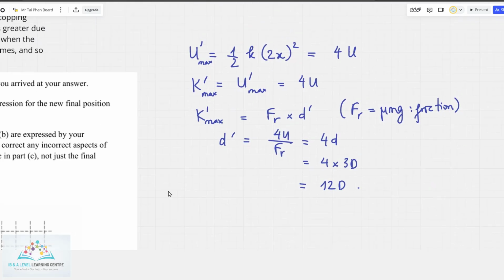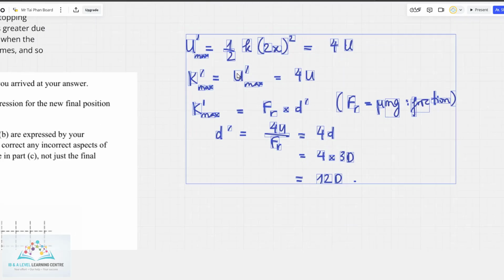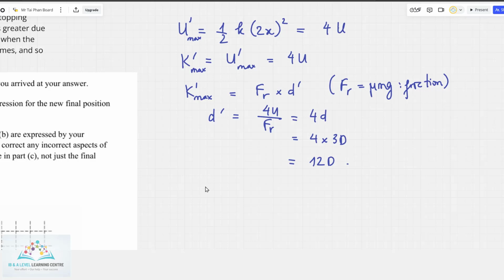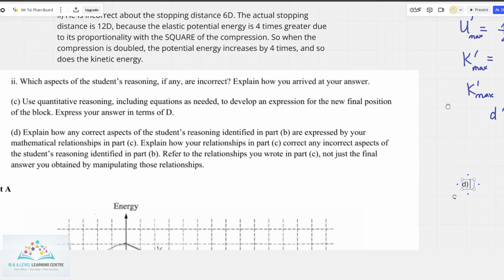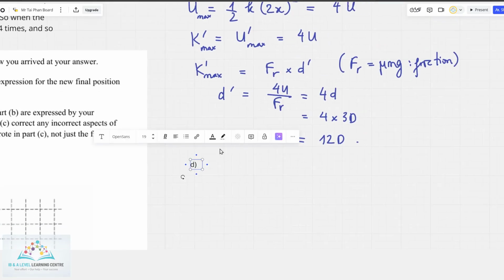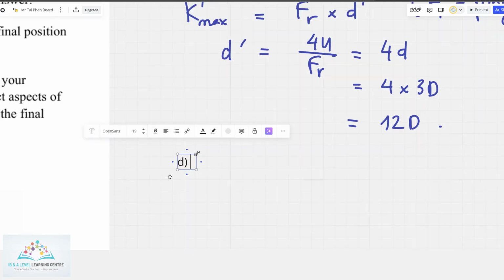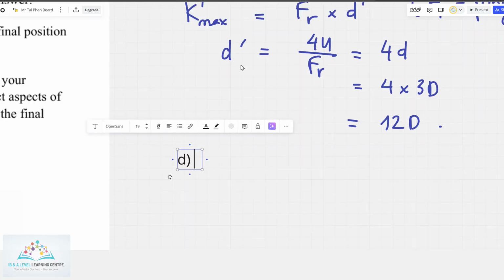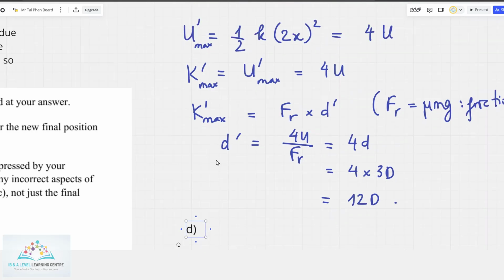The student is correct because the kinetic energy increases with the potential energy, and the stopping distance increases with that kinetic energy. He was not correct because he assumed that the stopping distance is linearly proportional to the compression of the spring, which is incorrect.